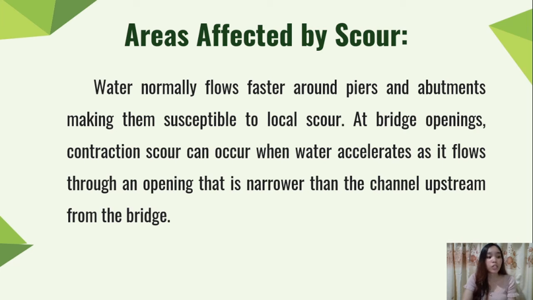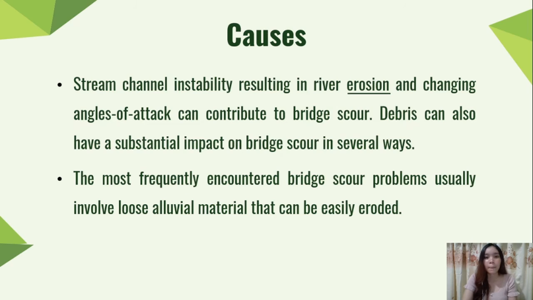And degradation scour occurs both upstream and downstream from a bridge over large areas. Over long periods of time, this can result in lowering of the stream bed. Then the causes: stream channel instability resulting in river erosion and a changing angle of attack can contribute to bridge scour.